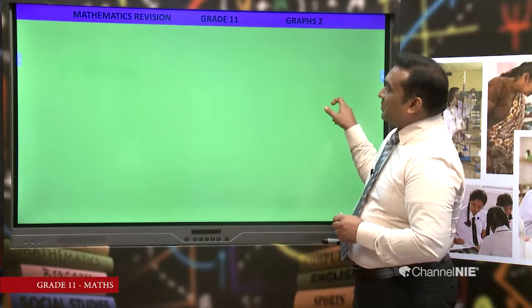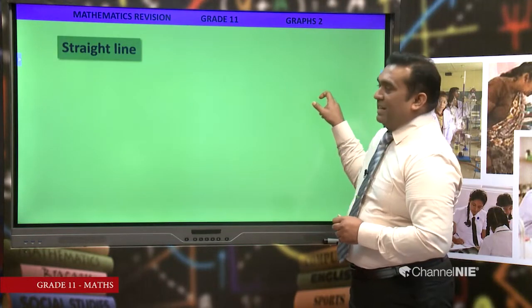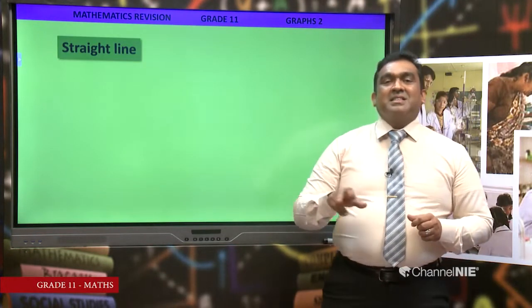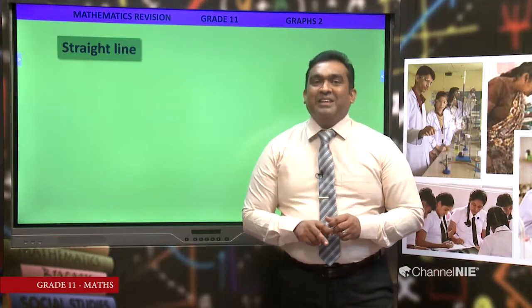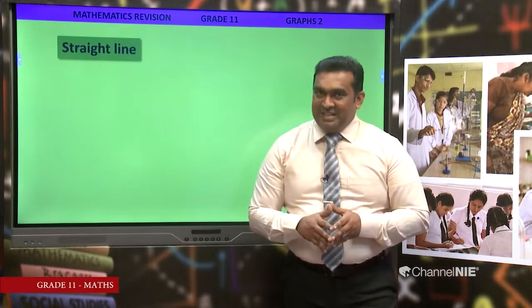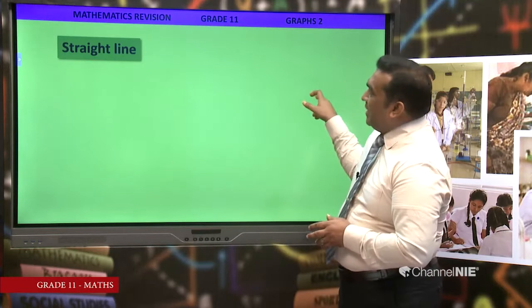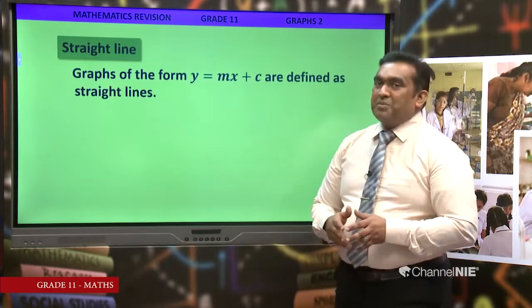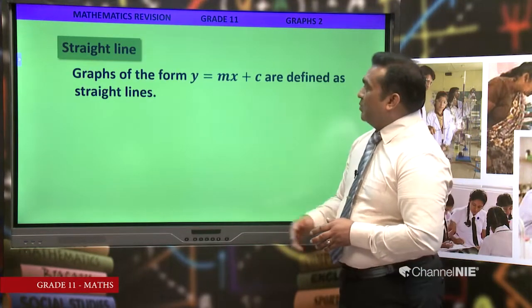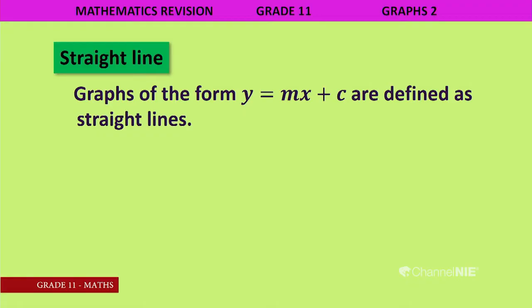Here, straight line. As I discussed earlier, how to define a straight line? Graphs of the form y equals mx plus c are defined as straight lines.